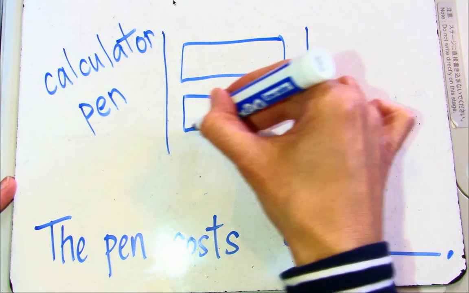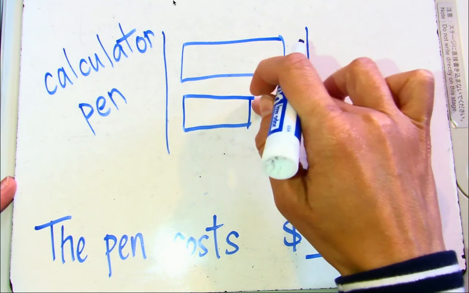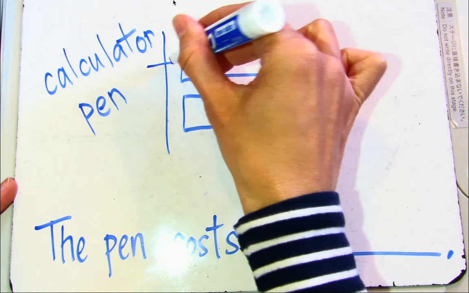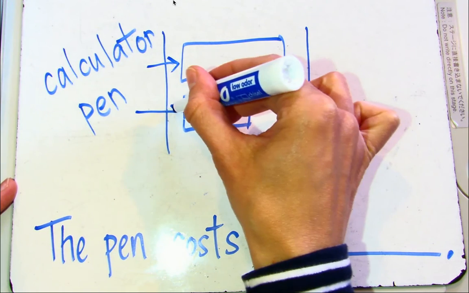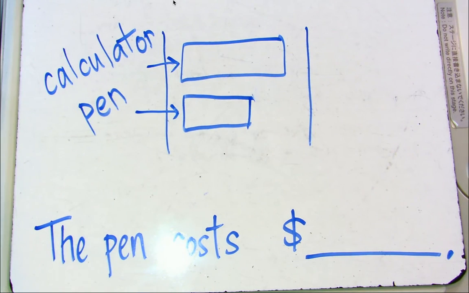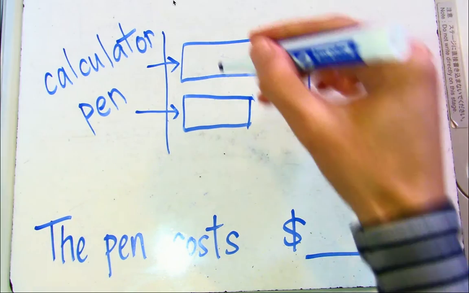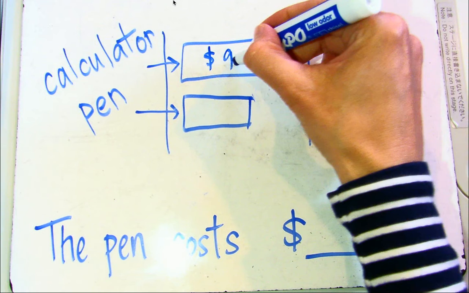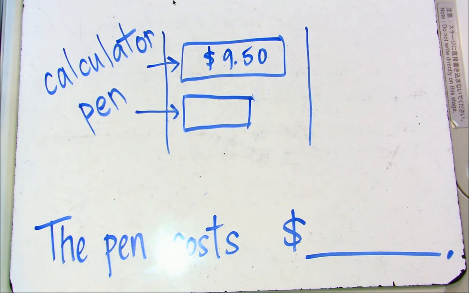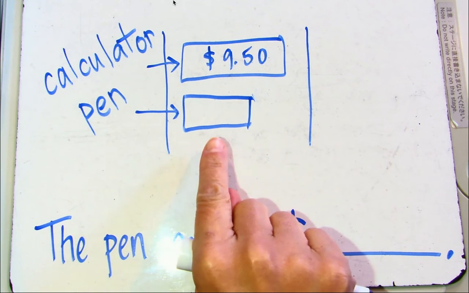And I'm going to go ahead and make one a little bit smaller because we know that the calculator costs more than the pen. And if we go back and we look at our problem, the calculator costs $9.50. And the pen is $1.60 cheaper than the calculator. So does the pen cost $1.60?